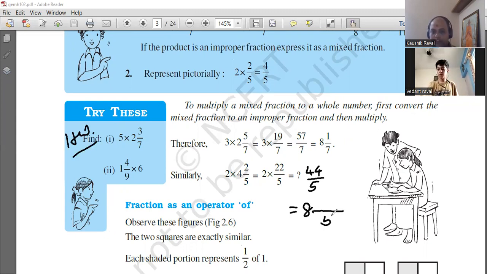Denominator is 5. What is left? What is the numerator now? 4. Correct answer. Very good. Okay. So these other two, try these as homework, okay?